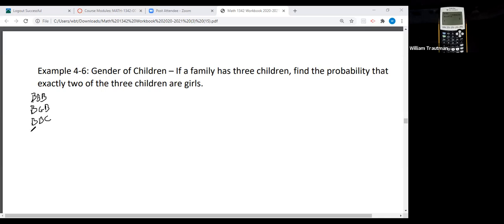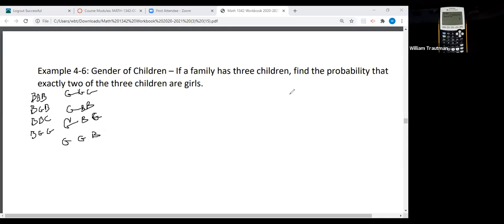Boy, boy, girl, boy, girl, boy, girl, boy, boy, girl, girl, boy, girl, boy, girl, girl, girl, boy, girl, girl, girl. I think these are all 8. Remember, there were 8 possibilities.